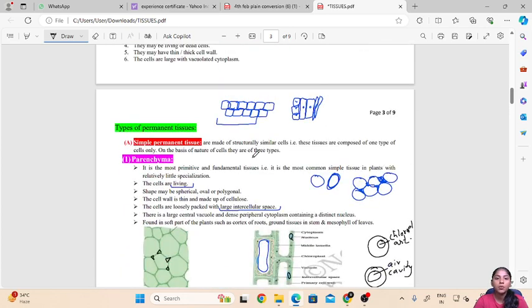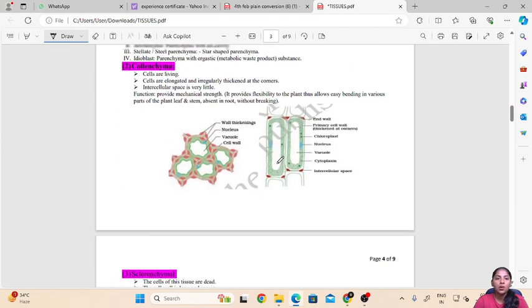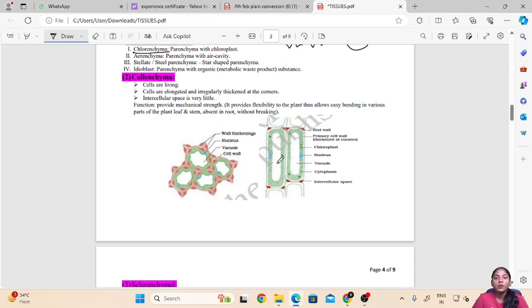Then the second type of simple permanent tissue is collenchyma. This type of tissue usually provides flexibility and strength to the plant parts. In this also the cells are living cells.